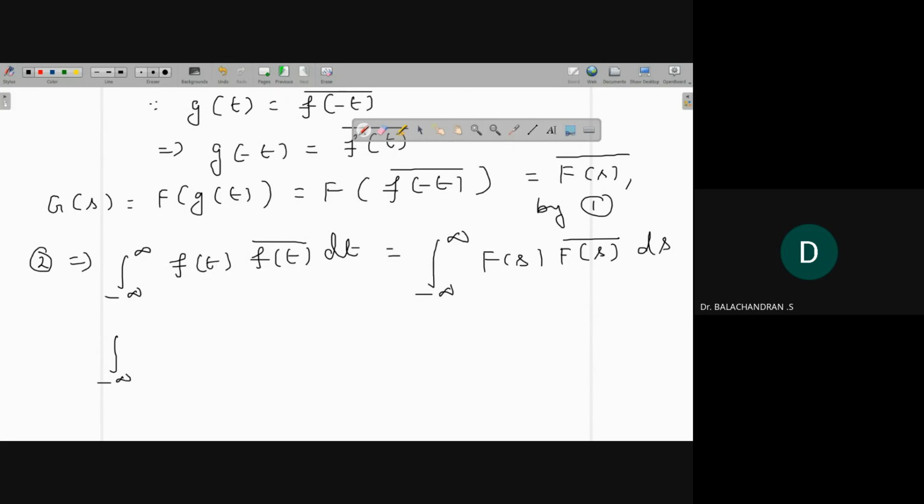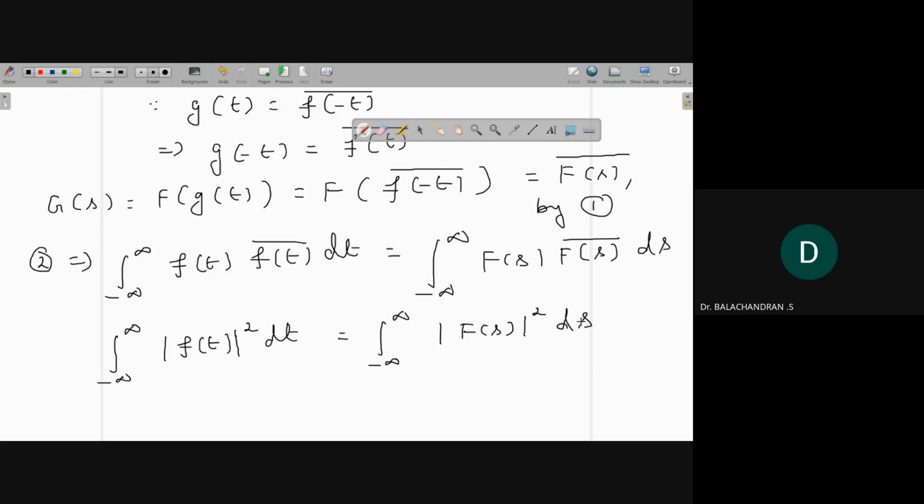So this is the integral from minus infinity to plus infinity of modulus of f of t whole square dt, which is equal to the integral from minus infinity to plus infinity of modulus of f of s whole square ds.